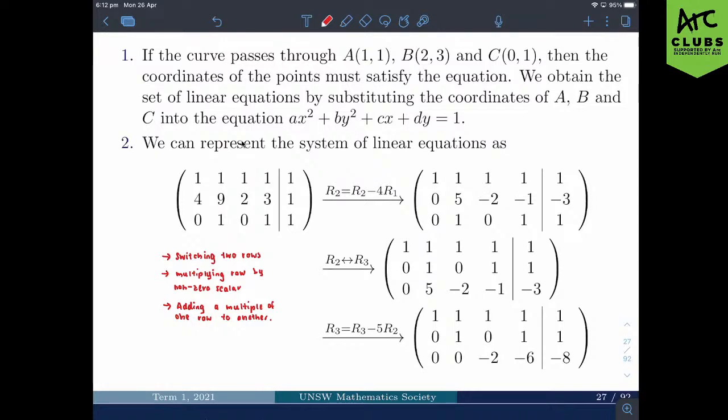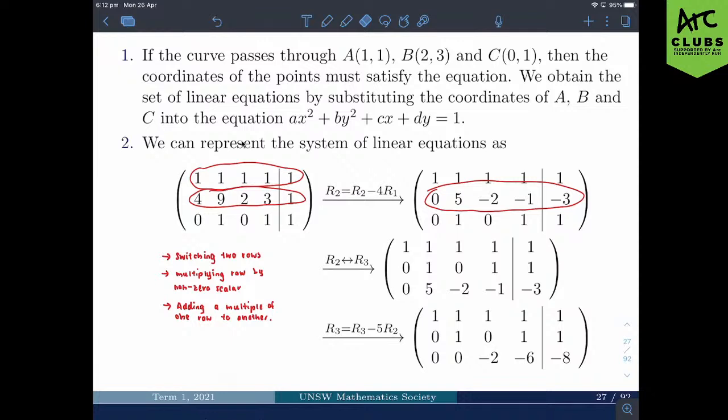So in the case of this matrix, we want to get rid of this term, so to get row 2 here, we subtract 4 R1s, so 4 times row 1 of this matrix, from row 2 of this matrix.